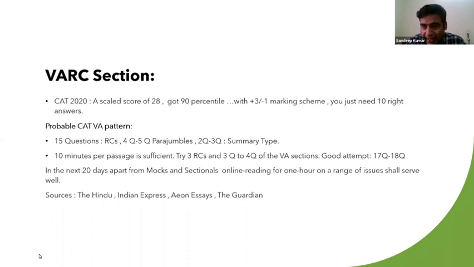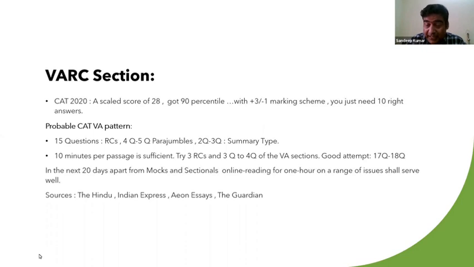Now, if I look at the possible VA pattern of CAT 2021, around 22 questions: 15 questions on RCs, possibly 3 RC passages, 4 to 5 questions on parajumbles and 2 to 3 summary type of questions. No grammar, no vocabulary. So should I be practicing any of these? Right now, the answer might be no, if my target is CAT specifically.